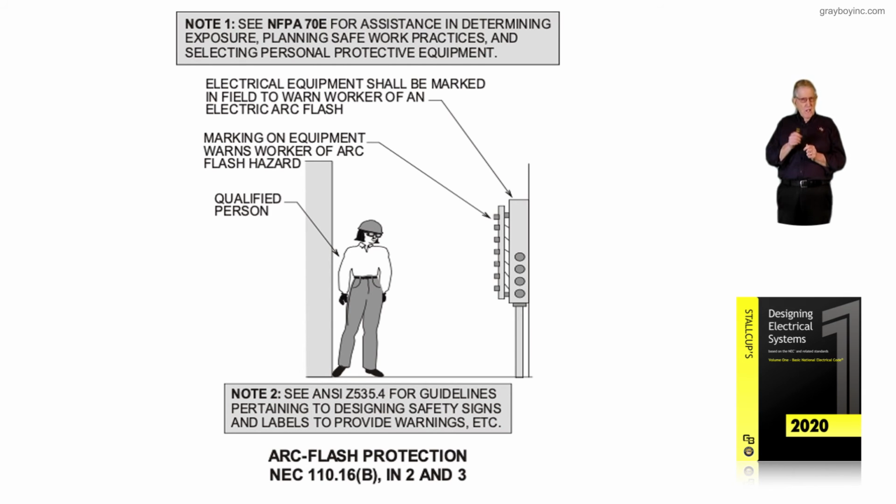But remember, we can switch the devices like 480, 240, 208, 120, as long as the equipment devices that are provided for overcurrent protection in accordance with Table 130.5(C) of NFPA 70E is followed.